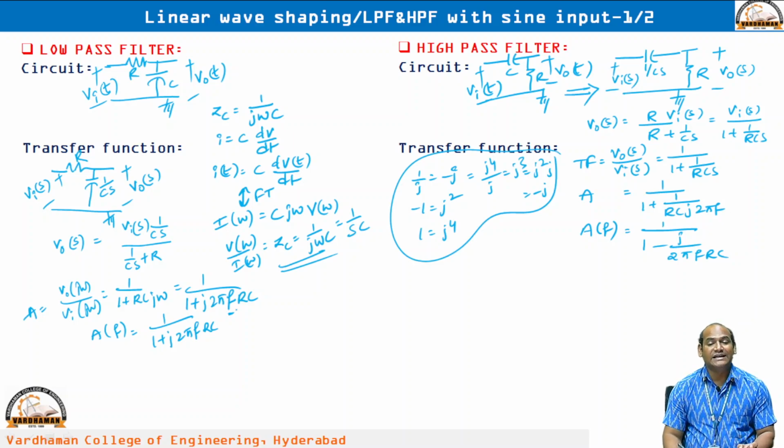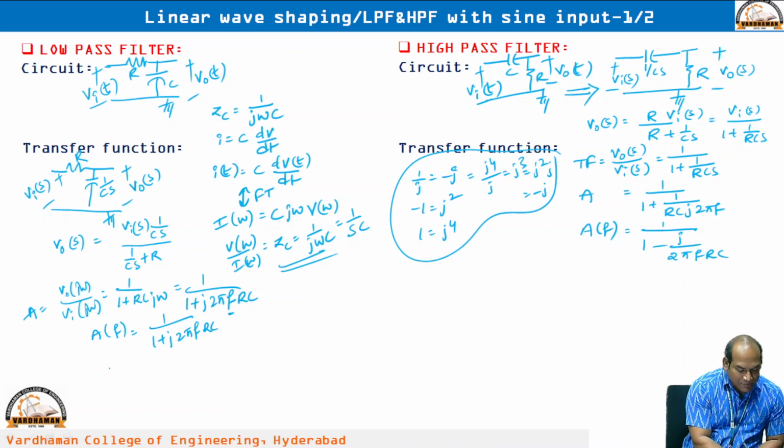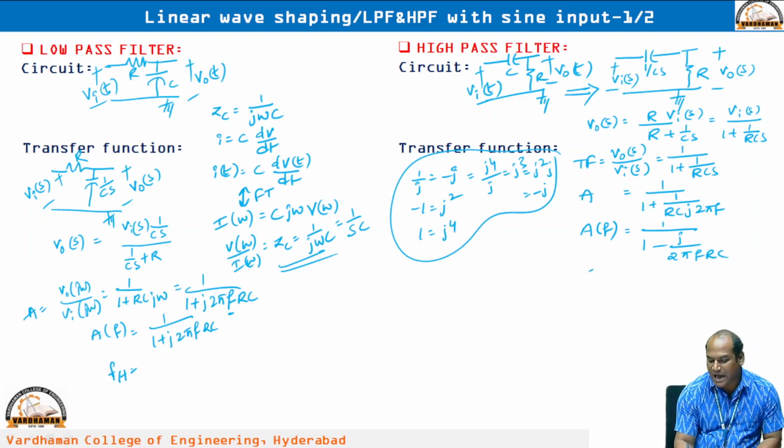In case of the low pass filter, we have the higher cutoff frequency represented with FH. In case of the high pass filter, we have the lower cutoff frequency FL.